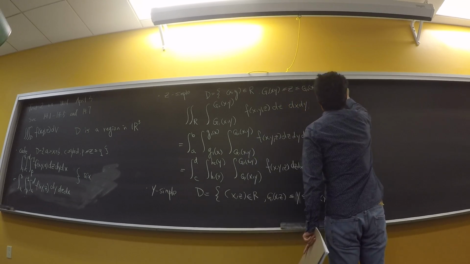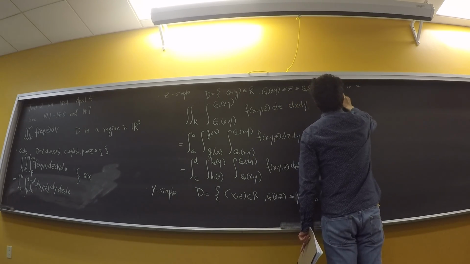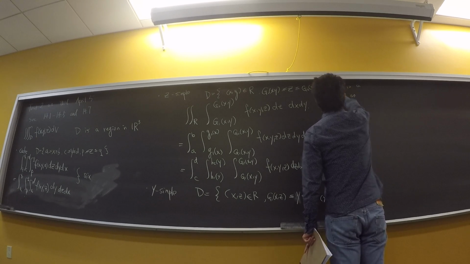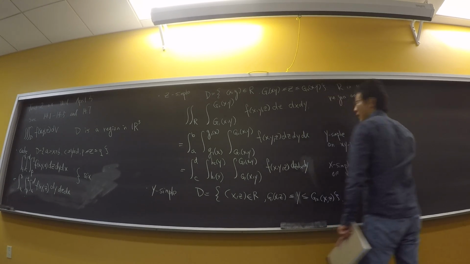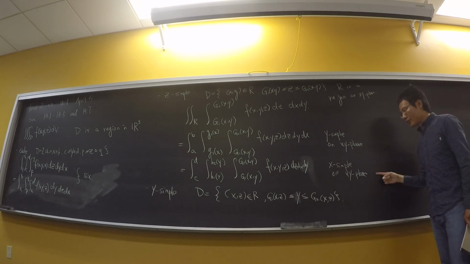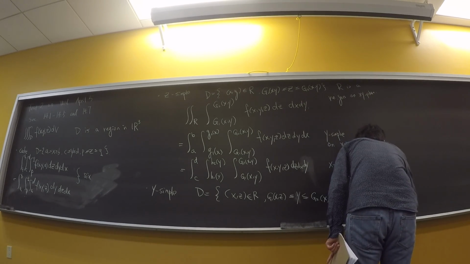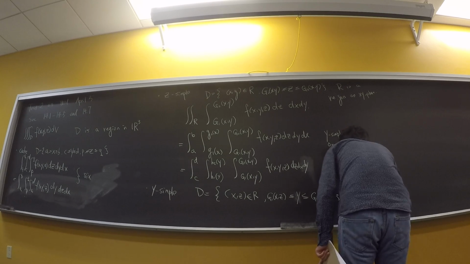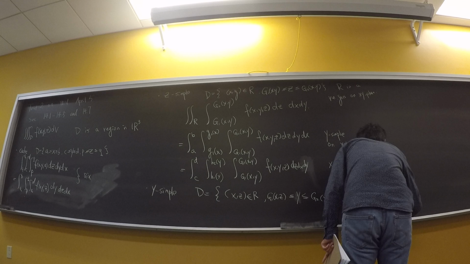So I should say R here is a region on xy, that is why we can identify it as y simple or x simple. Here, R is a region on the xz plane.